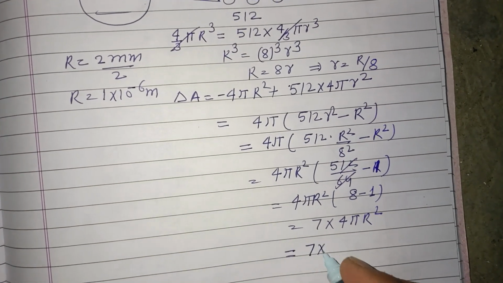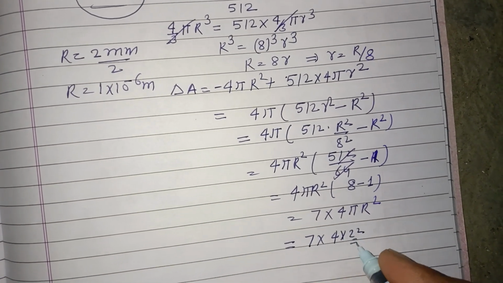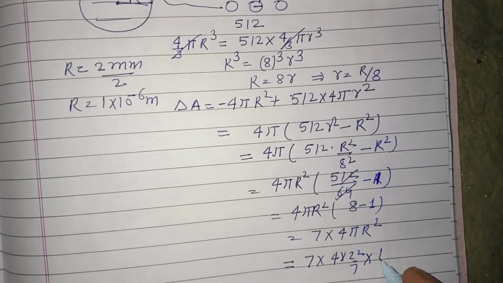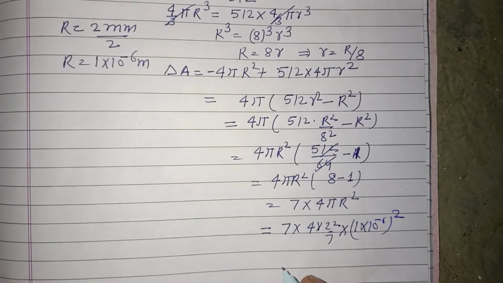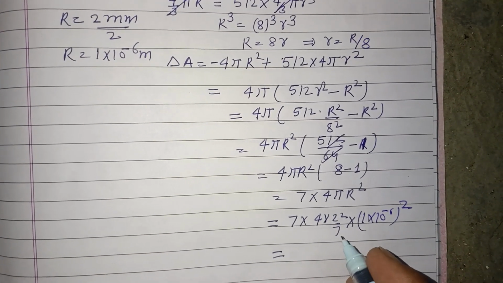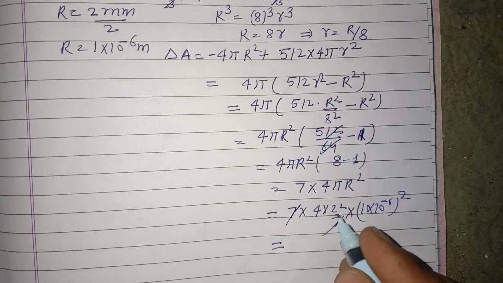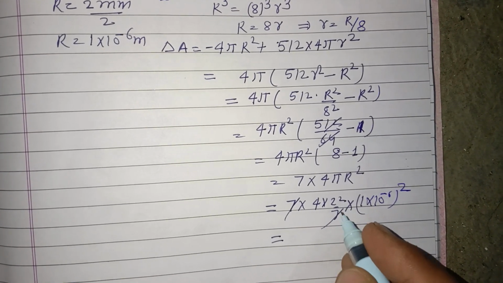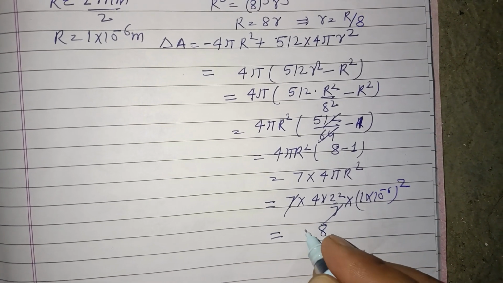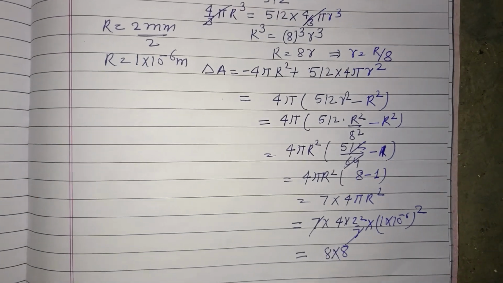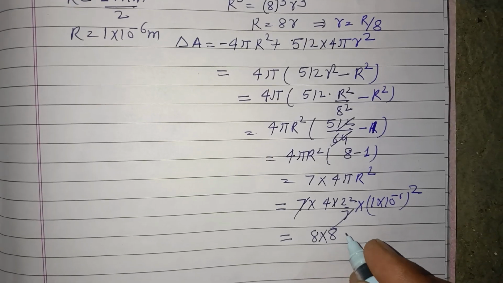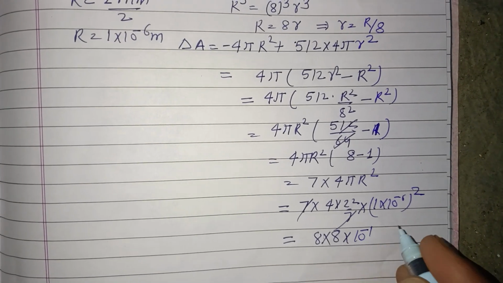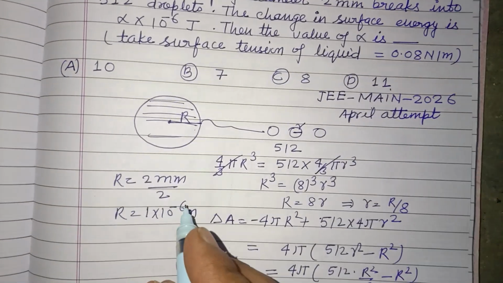So putting these values, 7 into 4 into 22 over 7, and R is 1 into 10 to the power minus 3 whole square. So 7 cancels, and we get 8 into 8 into 8, into 10 to the power minus 3.